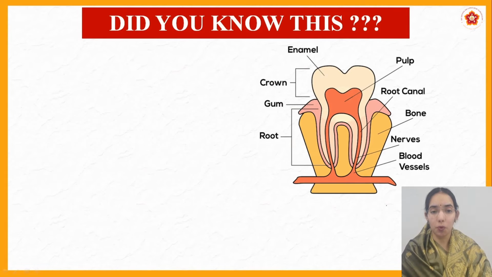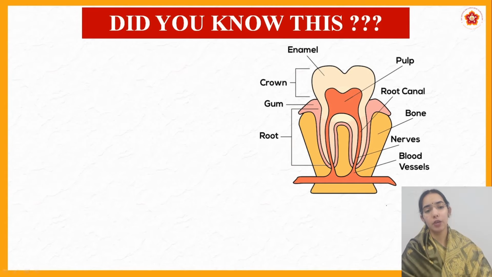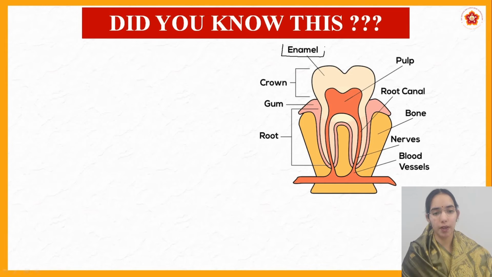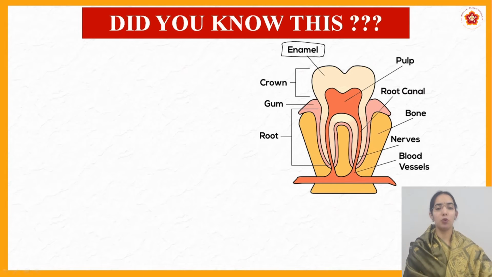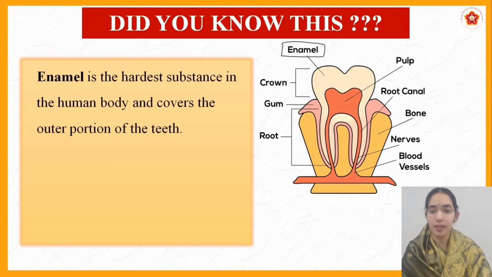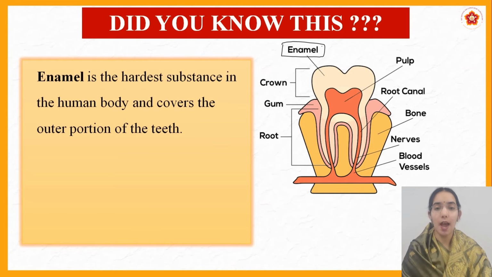Now, did you know this? Over here you can see a labeling. This labeling, it's written enamel over here. And there's something really special about this part of the tooth called enamel. What is it? Enamel is the hardest substance in the human body and it covers the outer portion of the teeth.